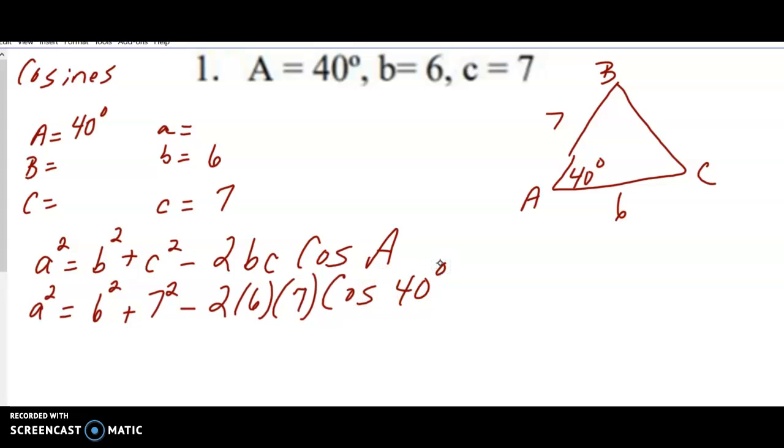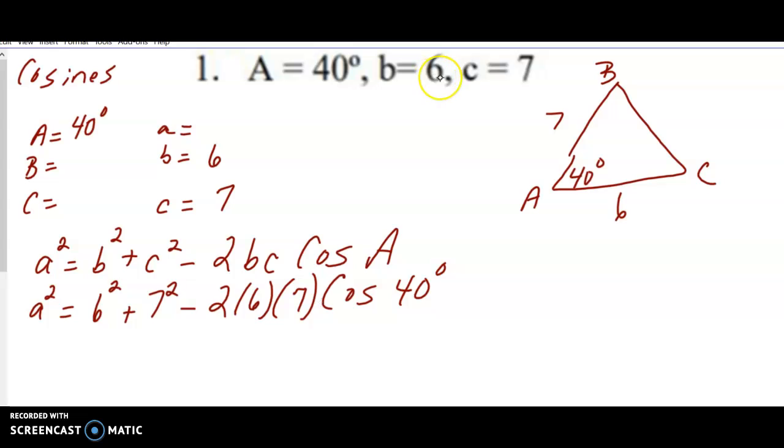Okay, and just like in the example that we had, you can just punch this all in your calculator, take the square root of that number, and that'll give you the side A. So just give me a second to punch that in. Okay, and make sure your answer makes sense.